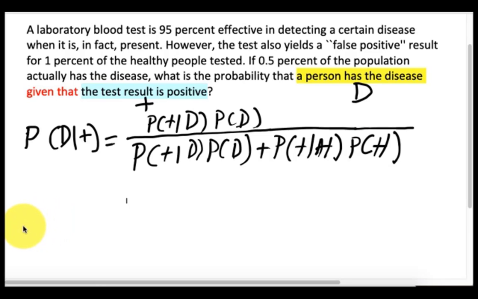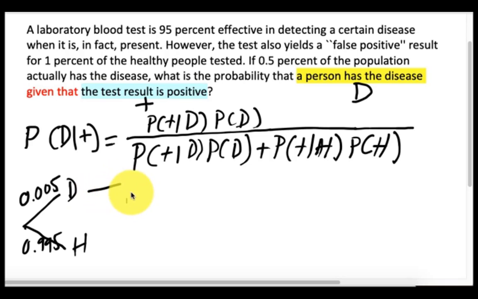So if you draw the diagram, you get D and H, and you get 0.5%, so it should be 0.005 and 0.995 for this.